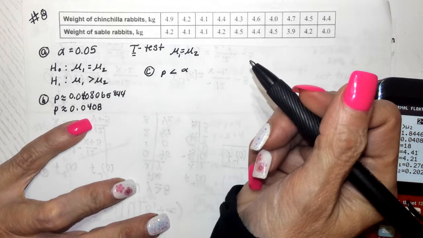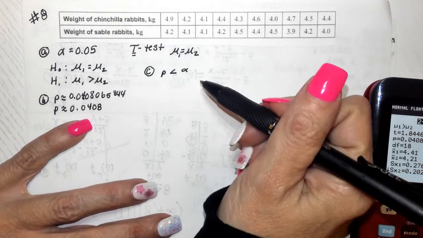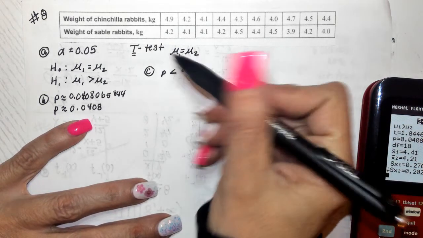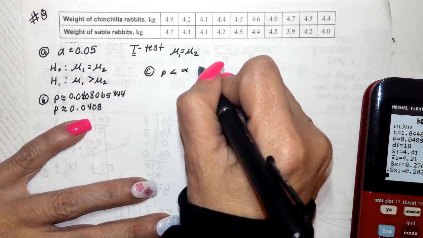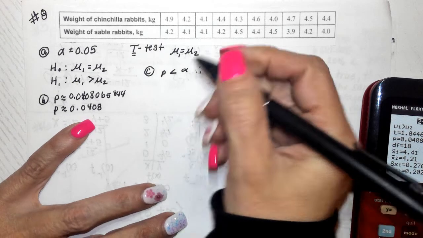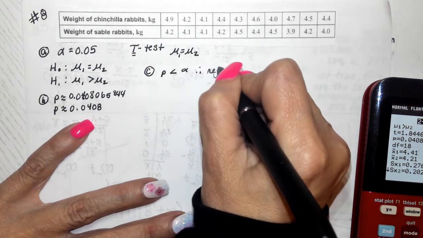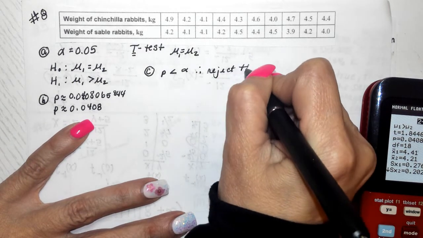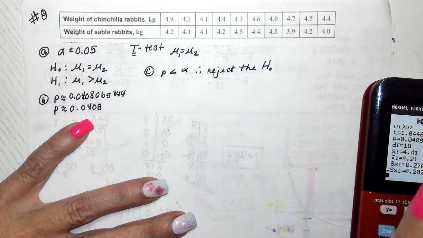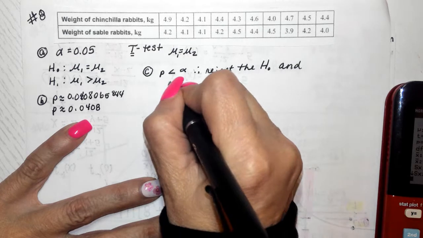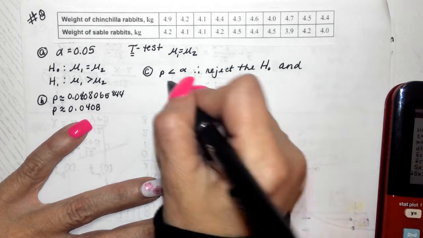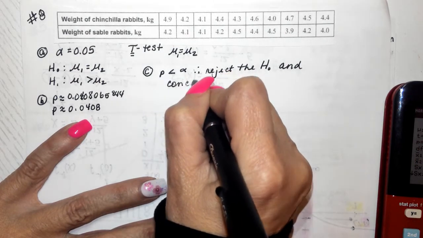If the p is low, the null must go. Remember, we said we reject the null. So, therefore, p is less than alpha, therefore we reject the null, and we can conclude. As long as you have that you're rejecting the null, you're good. I'm going to go ahead and say what we conclude.